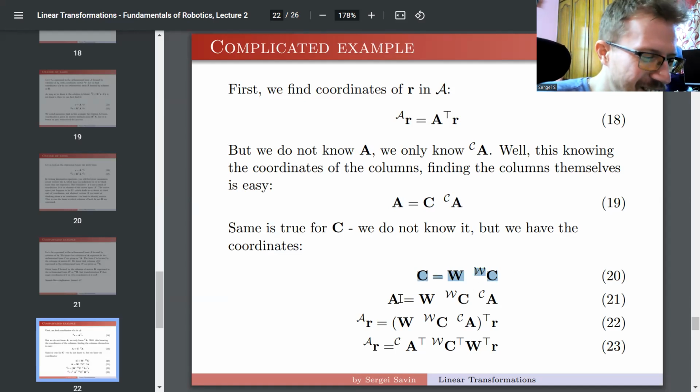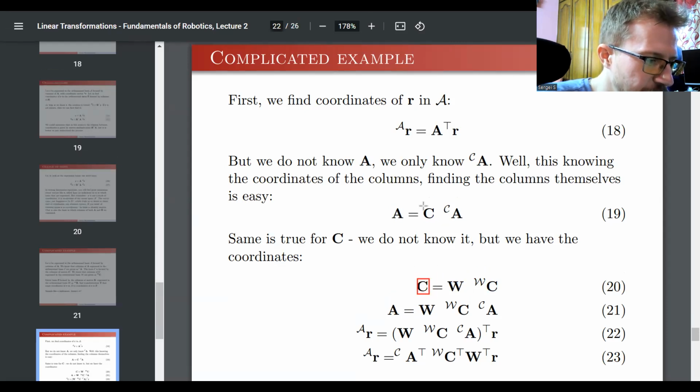Okay, now let us substitute this here. What we get is this expression. Okay. Now we substitute this whole thing into here. And what we get is this expression.